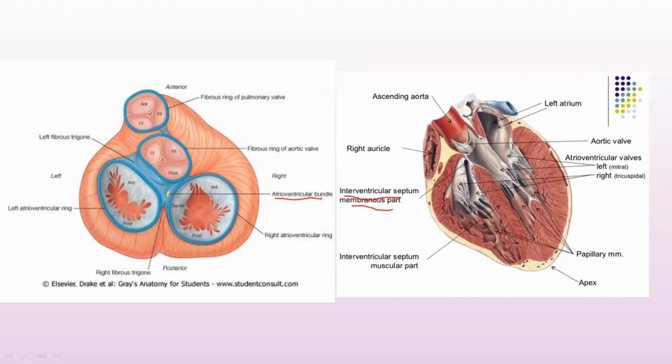The lower part, the muscular part. So they run on each side of the muscular part of the interventricular septum and deep to the endocardium. Again we have to remember this point, that they are present deep to the endocardium.